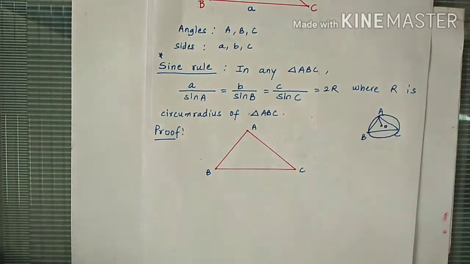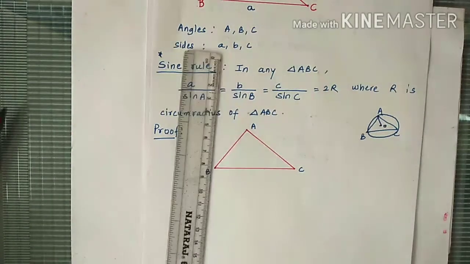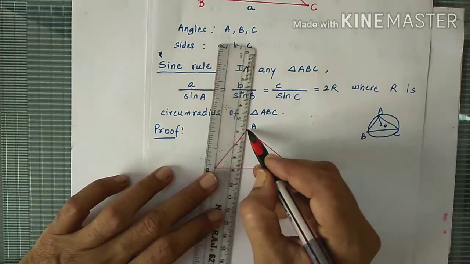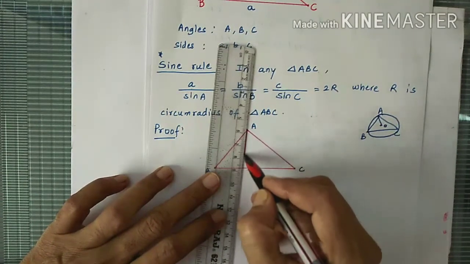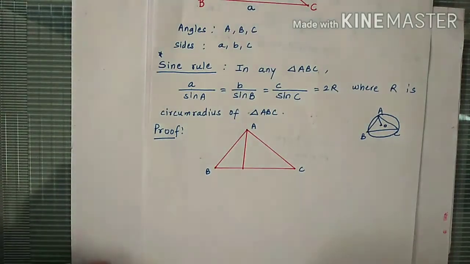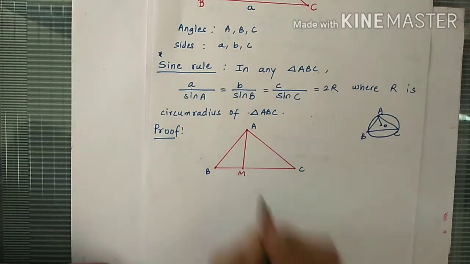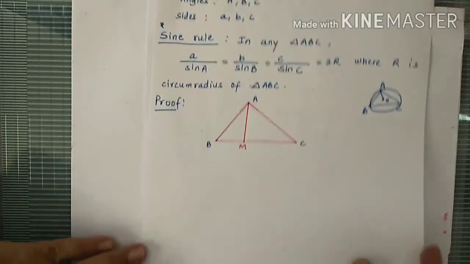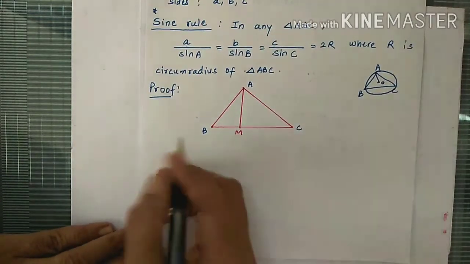Okay. So to find area of the triangle, we have to draw a perpendicular from any vertex to the opposite side. So here I have taken perpendicular from A on BC. So let AM be perpendicular on BC, so that AM is height of the triangle. So let's find out area of the triangle.